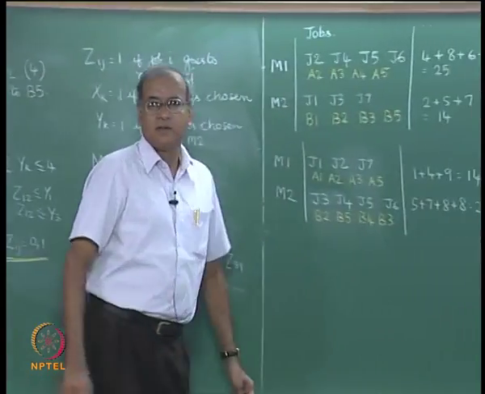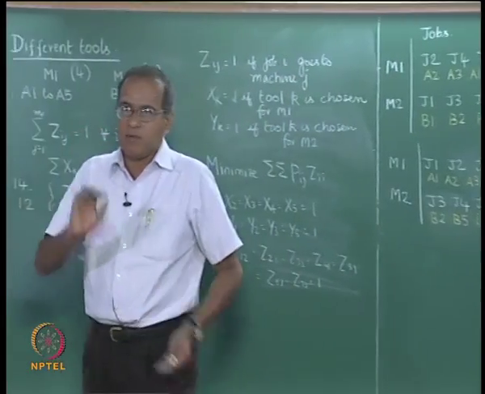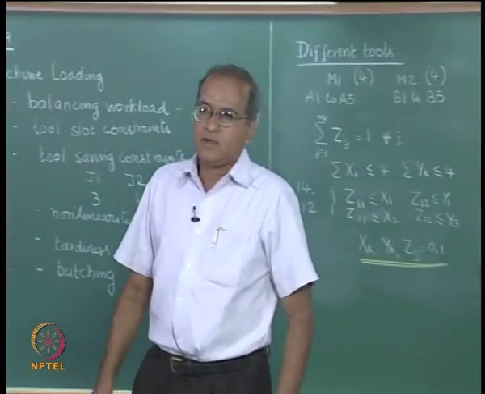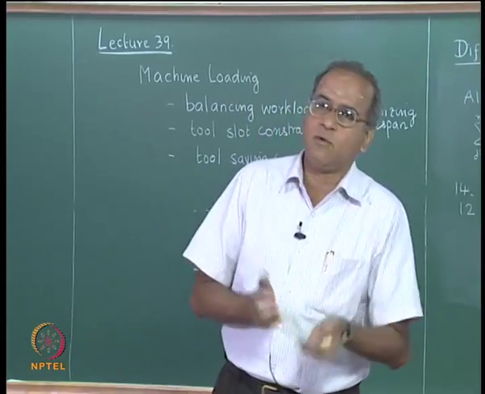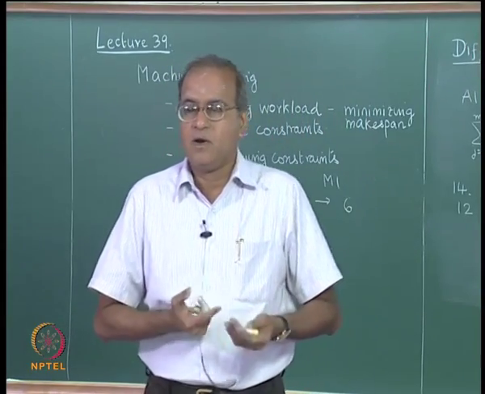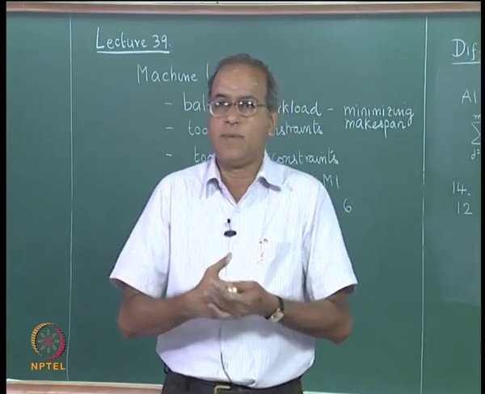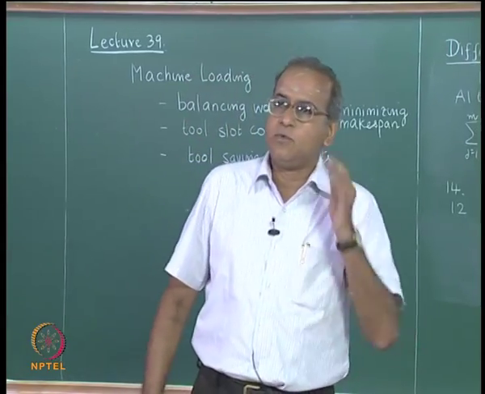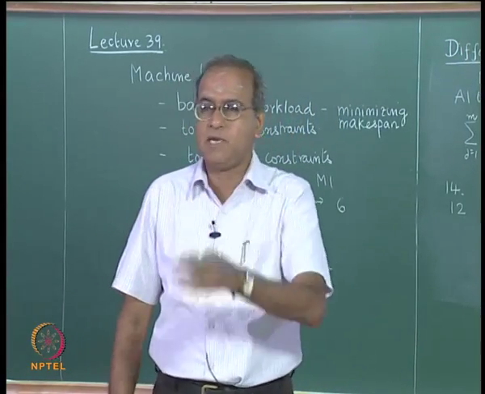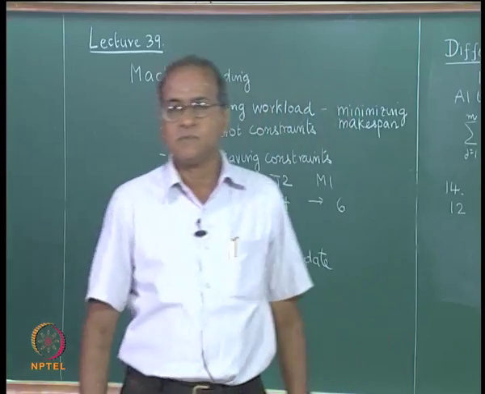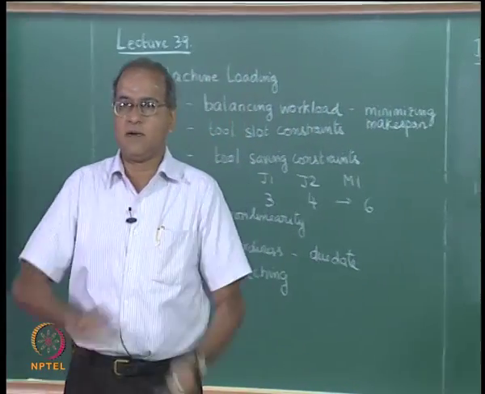rules that if we pick a job and if all the tools required to do that job are already assigned to a particular machine, then we do not go by the minimum processing time rule, we assign the job to that machine.